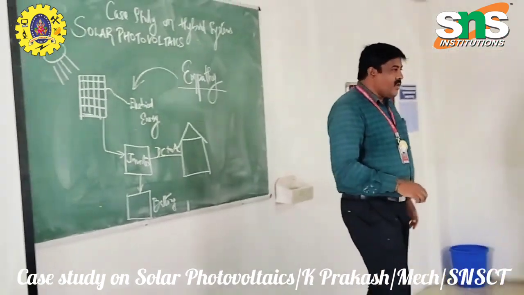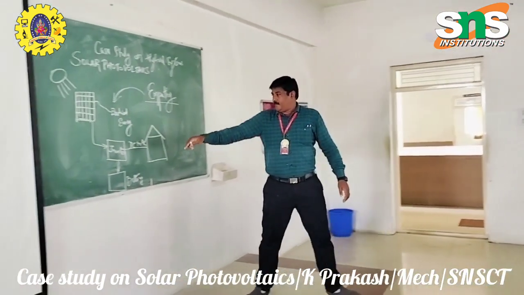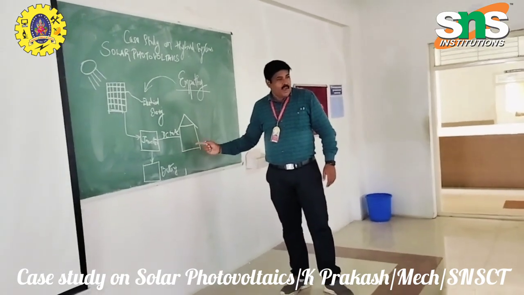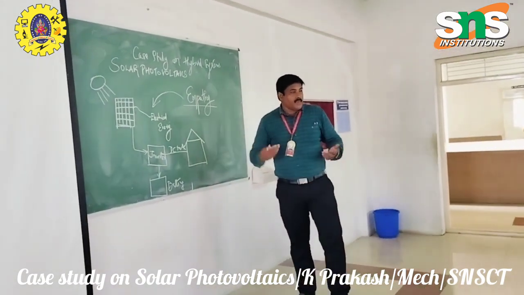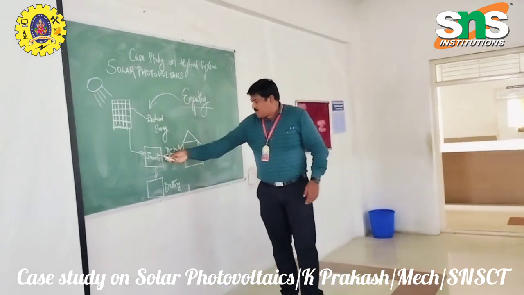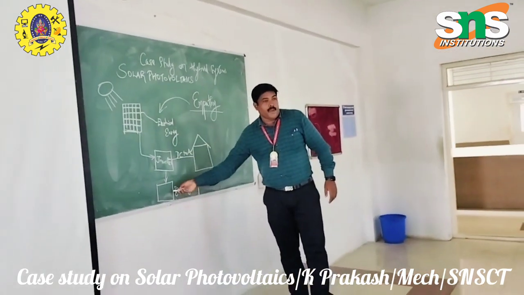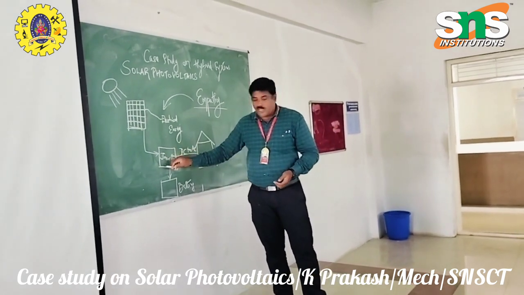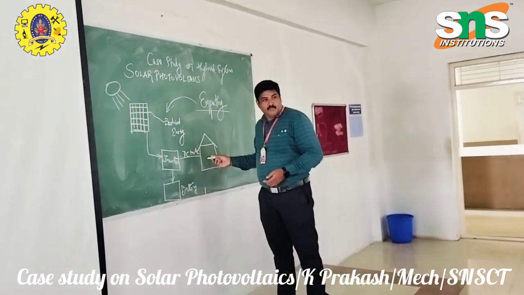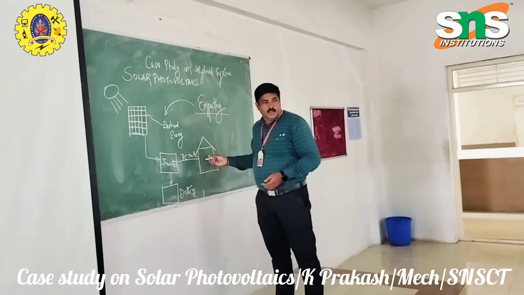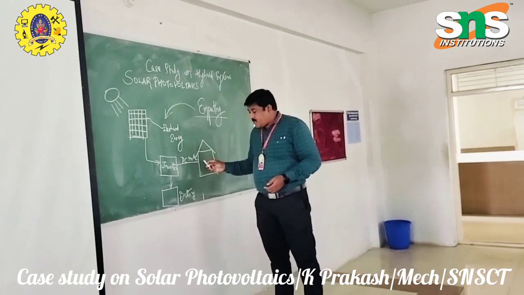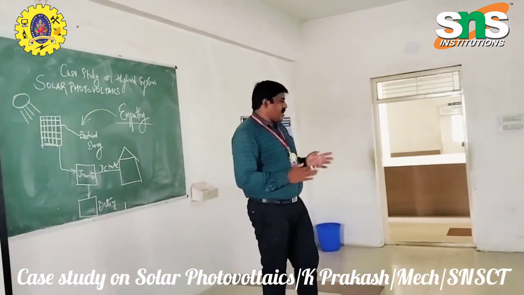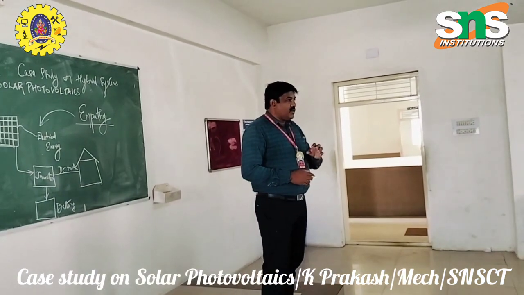This special type of inverter sends the AC current to our domestic applications directly, and if some excess energy is produced, this excess energy can be stored in this battery. So this is the special type of inverter used. It supplies AC to the domestic purpose, or else it can supply to the battery, and the battery acts as a secondary device. So the energy can be stored in the battery.